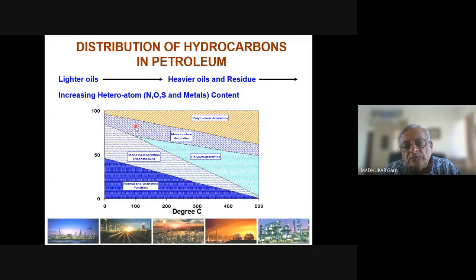And then the mononuclear aromatics, these are benzene derivatives, benzene, toluene, xylene, or higher alkylated aromatics, they are there and they continue to be there right till the end. But then what takes off is polynuclear aromatics. So ultimately, when you get to the end of the barrel, you have mostly polynuclear aromatics, which are mostly asphaltenes, resins, etc., and some amount of aromatics and saturates.